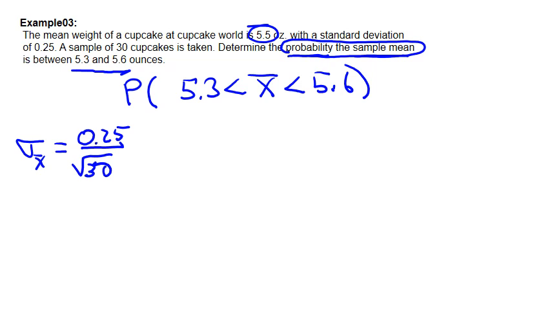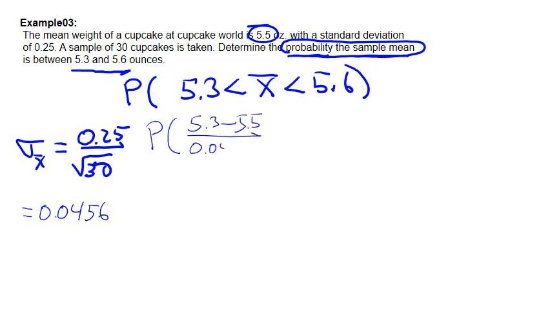Well, if you do your math, this is 0.0456. So I am now going to convert this to the z-score. The probability 5.3 minus 5.5 divided by the standard deviation.